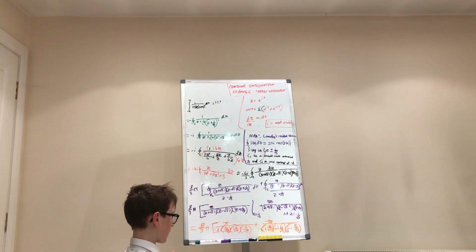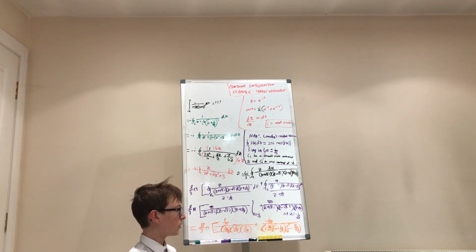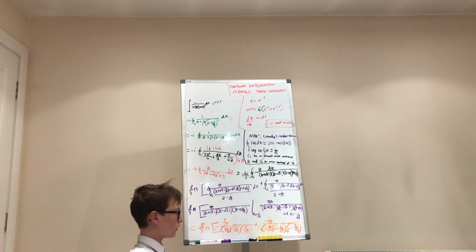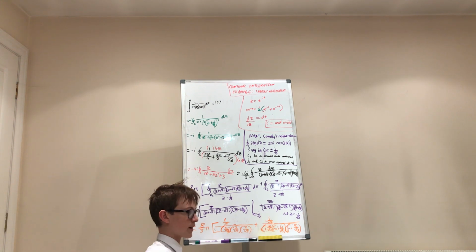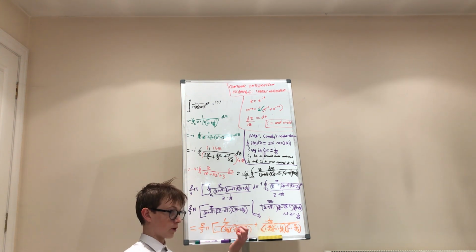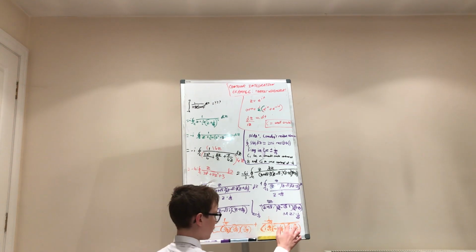Okay, and now what's great about this is that that and that will go away. Perfect. Now we've got a lot of negatives, so what are we going to do? Well, remember, this is the same as saying negative 1 over square root of 3 I. So these two negatives can become positive.